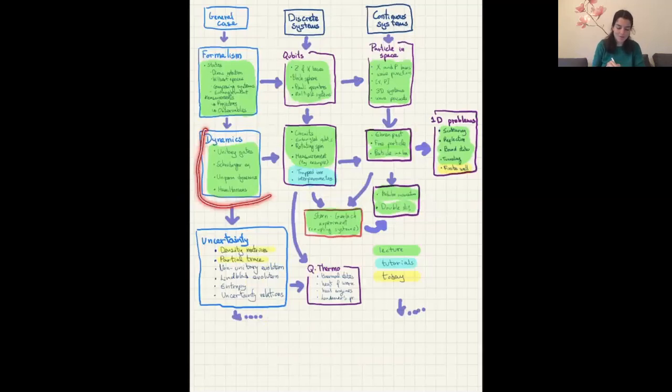We were looking mostly at dynamics for the last few weeks. We looked first at circuits, rotating spins, and measurements in discrete systems. Then we looked at continuous systems, the Ehrenfest theorem, the free particle, and the particle that's free but inside a box. We looked at applications in physics, like the experiment where you couple two systems, the spin and the position of a particle.